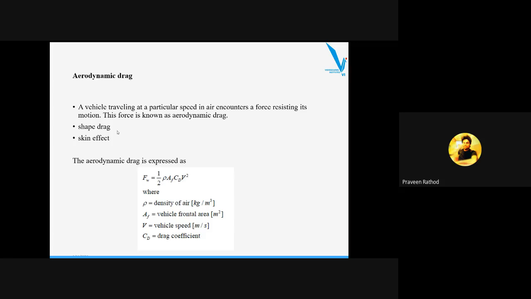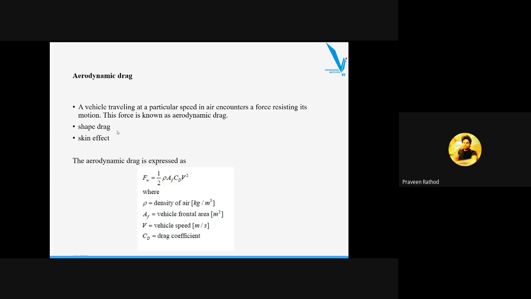Okay, and the air behind the vehicle cannot instantaneously fill the space left by the forward motion of the vehicle. So this creates a zone of low pressure. The motion of the vehicle creates two pressure zones, one in the forward direction, one in the backward direction. The high pressure zone in front of the vehicle opposes its movement.